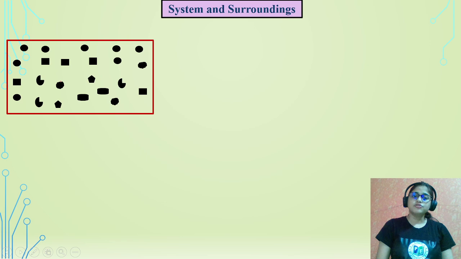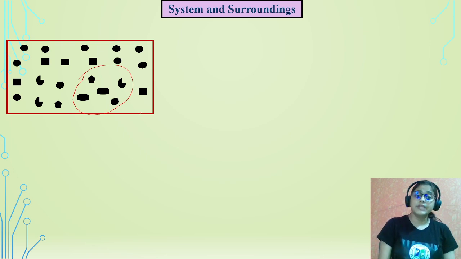So in this room, I want to study these shapes. So I am choosing this part. So this part I want to study from this room. So this part will be called now system.